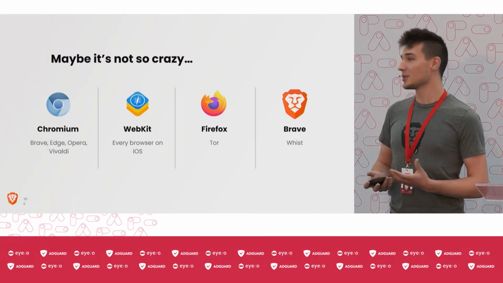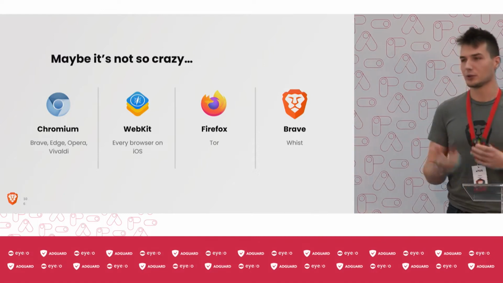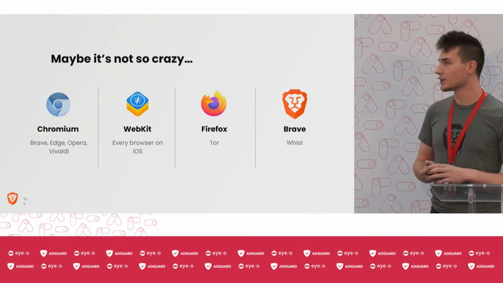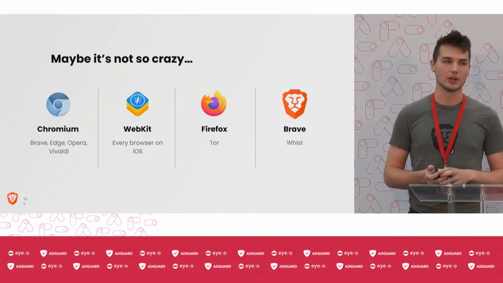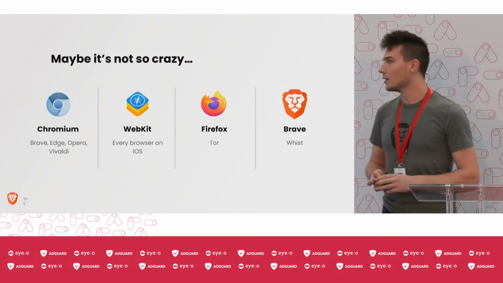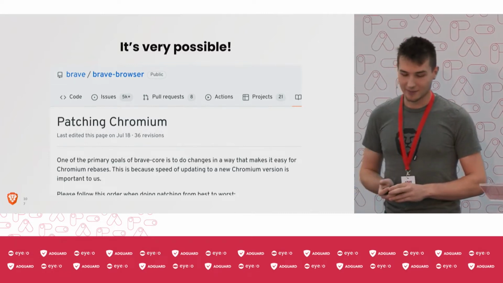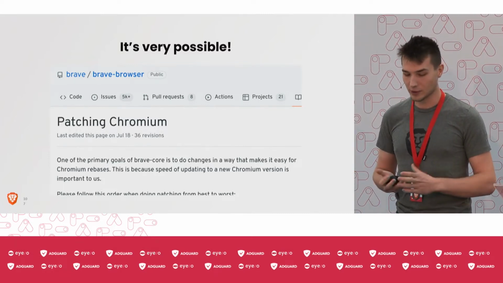But it is really becoming increasingly popular to take an open source rendering and execution engine and build your own patches on top of that to redefine the vision of what it means to be browsing the internet. And I think that rings true for Brave in particular. And we've been doing a pretty good job at this, I think.